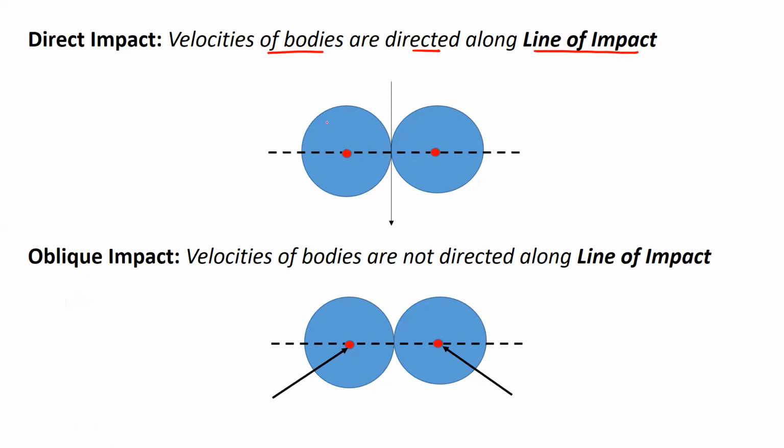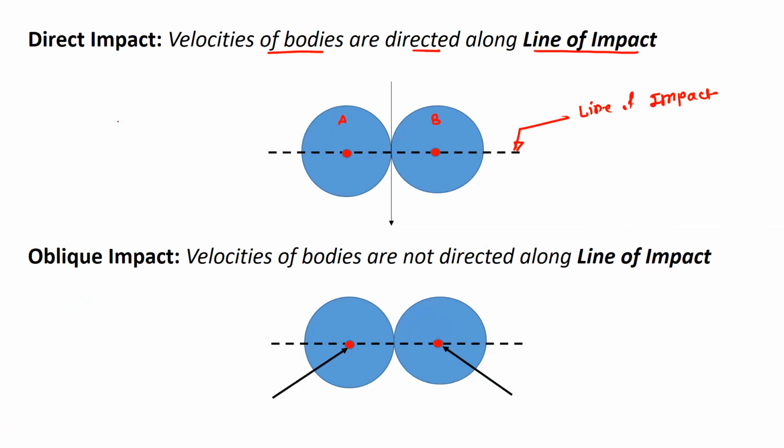Here we can see the objects A and B, and their velocity is exactly along the line of impact. This dotted line is called the line of impact. Basically, the line of impact is the imaginary line that joins the common normal at the contact point.